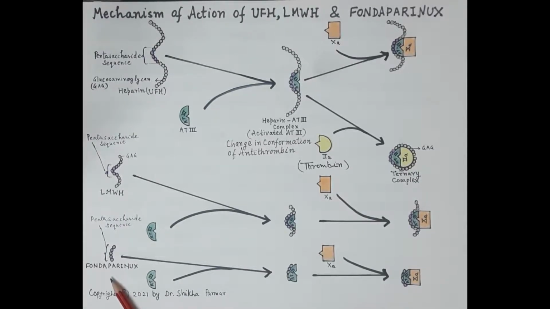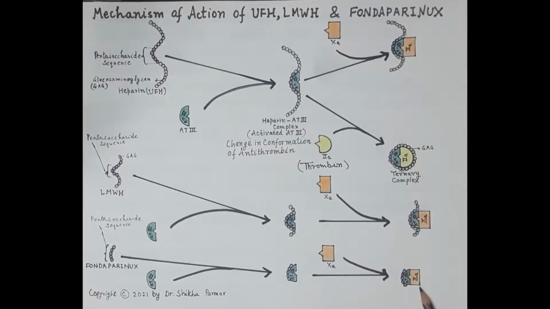Similar is the case with Fondaparinux. Fondaparinux is a synthetic pentasaccharide, and when it binds with antithrombin 3, it activates it and induces a conformational change in antithrombin 3. This activated antithrombin 3 further comes in contact with clotting factor 10A, so clotting factor 10A is inactivated.